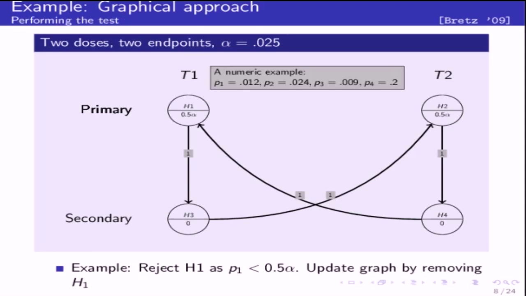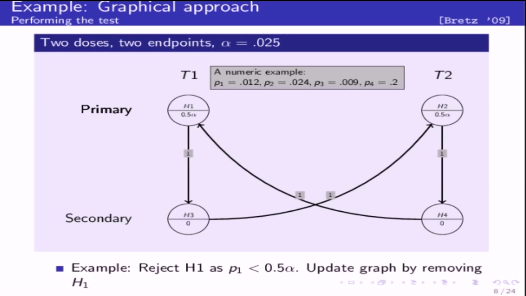Now let me give you a very quick numeric example. So now you can see the p-values for these 4 null hypotheses in this box. So P1 is 0.012 and so on.